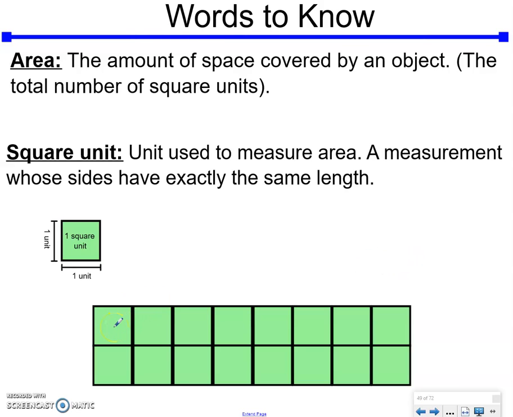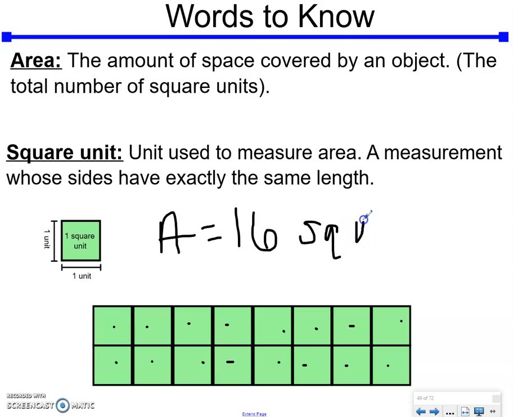Ready? Here we go. 1, 2, 3, 4, 5, 6, 7, 8, 9, 10, 11, 12, 13, 14, 15, 16. This rectangle covers 16 squares, so the area of this rectangle is 16 square units.